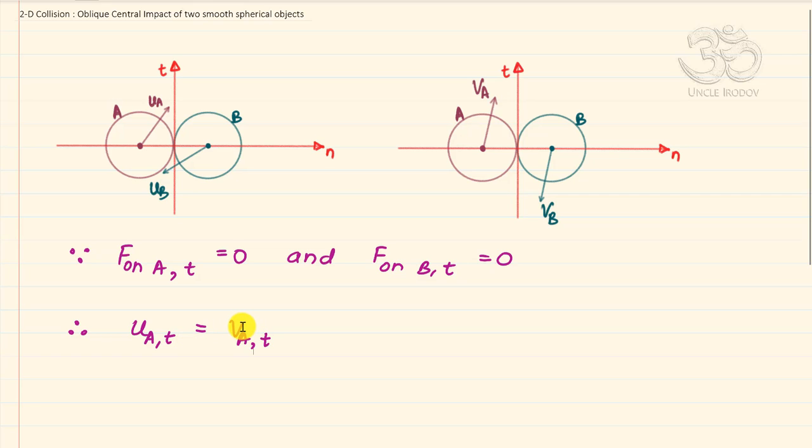So I'm using a V here. And I can also say that the initial velocity of B along the tangential axis is equal to the final velocity of B along the tangential axis. So these are two equations that I've got.